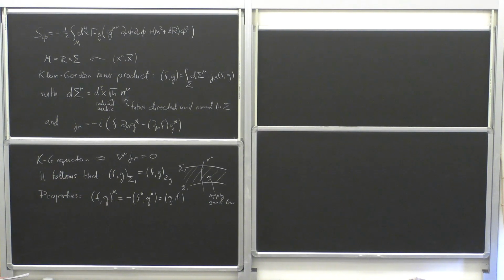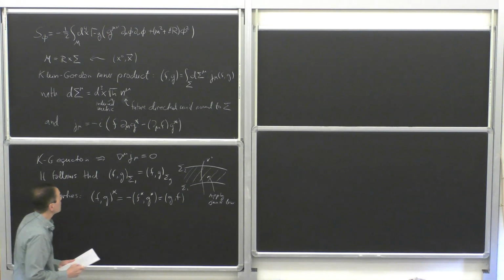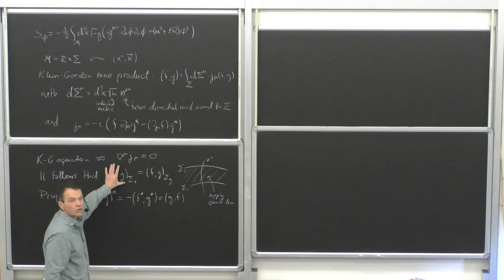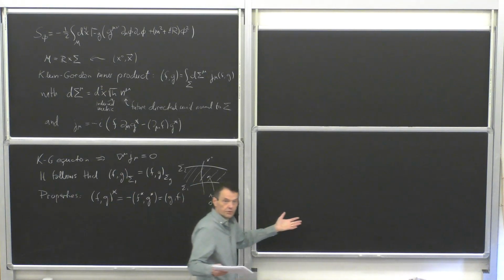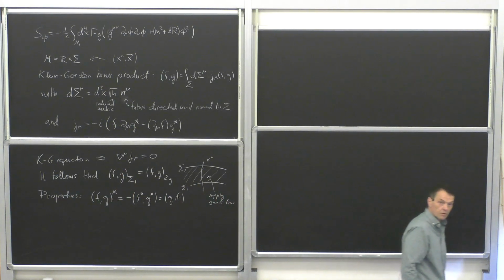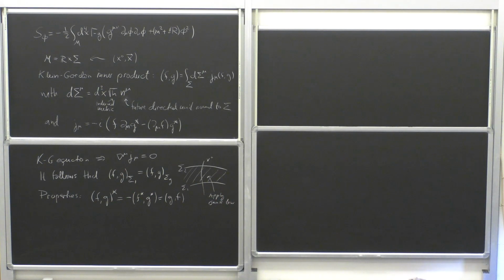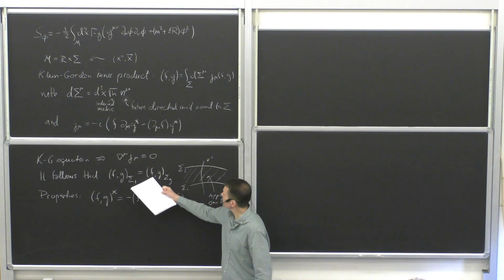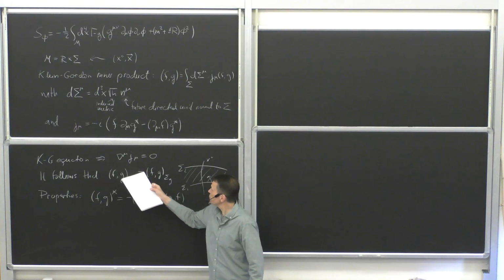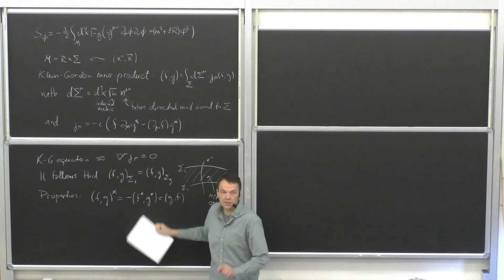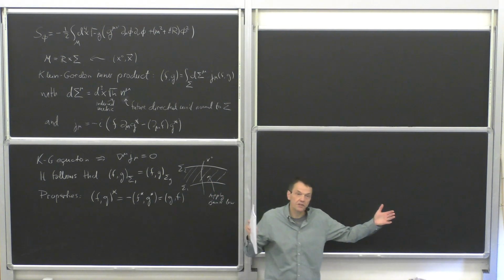Are f and g functions of the scalar field? No, they're any function on the manifold. Then do we use the Klein-Gordon equation for the scalar field? Yes, sure, if this is satisfied. What I'm going to apply this for mainly is a mode expansion of the scalar field.